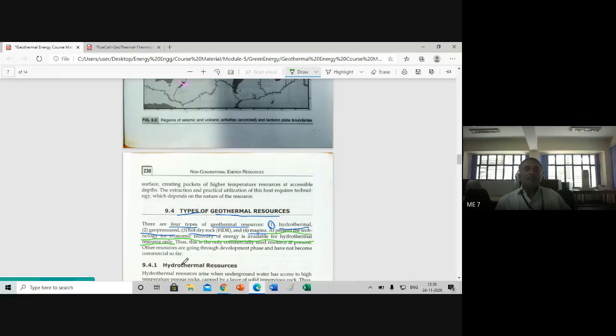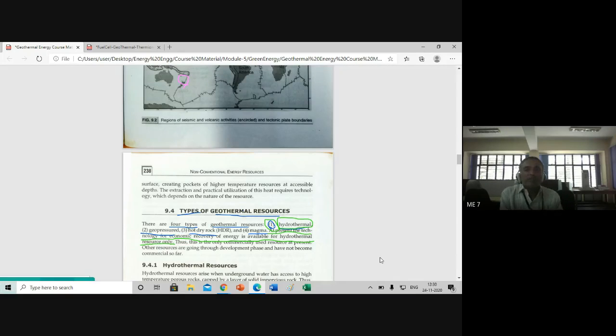Note this point. Hydrothermal geothermal resource is practically used. For all the others, high temperatures are there, but the technology is not developed to use them.